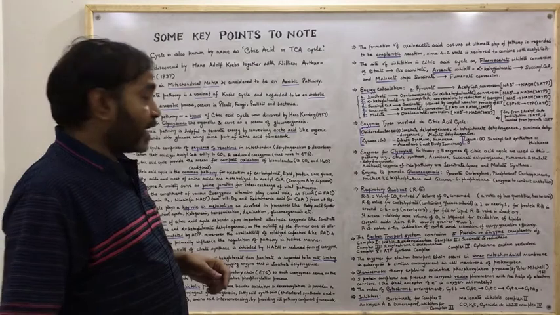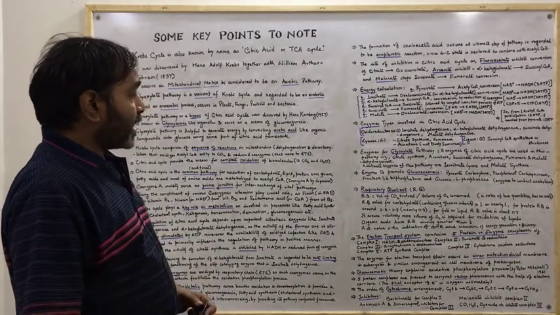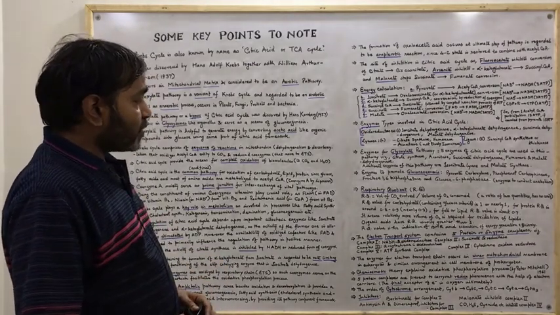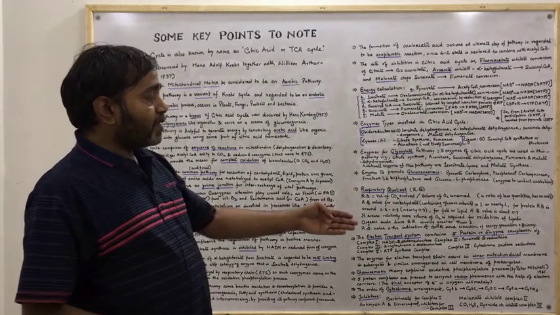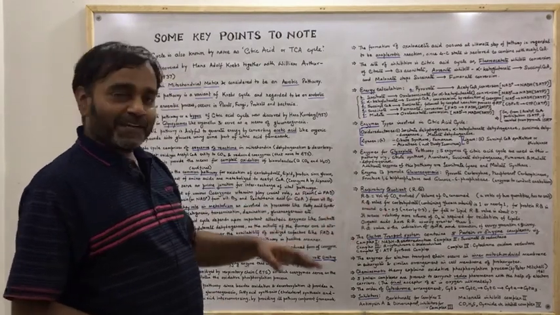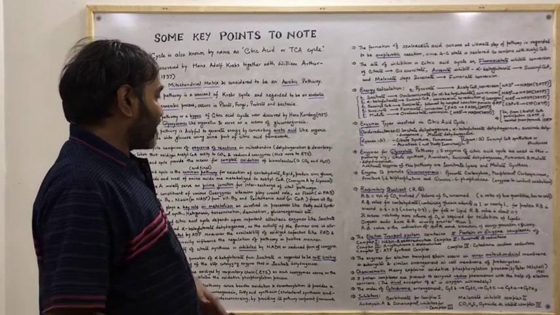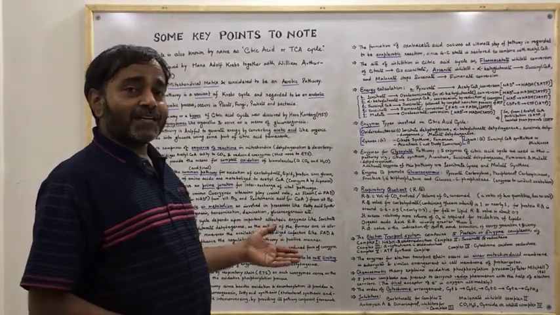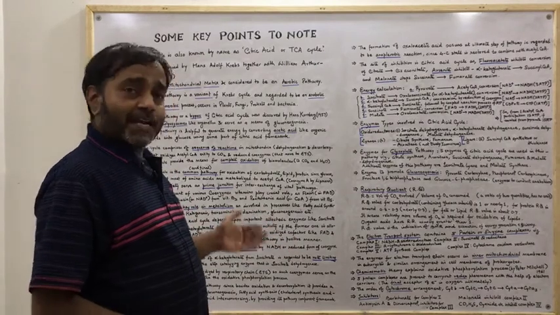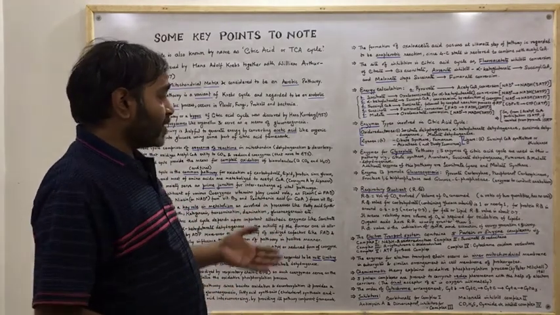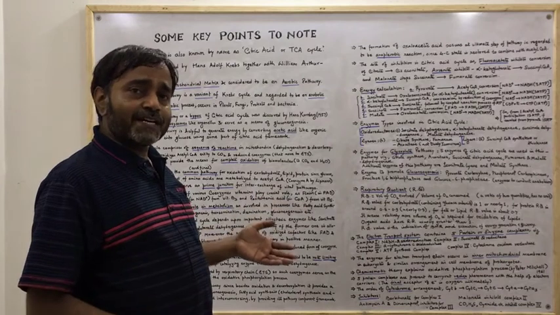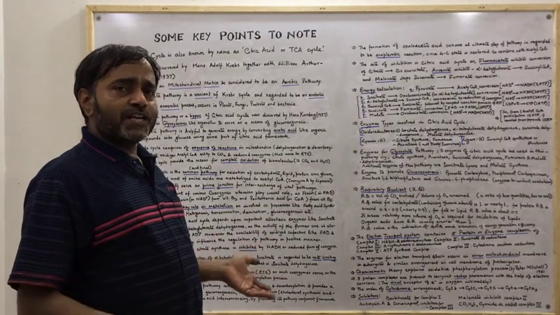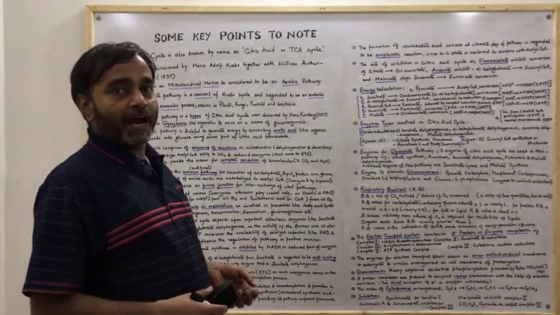Now the next point: the chemiosmotic theory explains the oxidative phosphorylation process, and it was given by Mitchell in the year 1961. The chemiosmotic theory explains how energy is generated across the inner membrane of mitochondria with the help of such electron carriers, whereby the oxidation-reduction process is carried out.